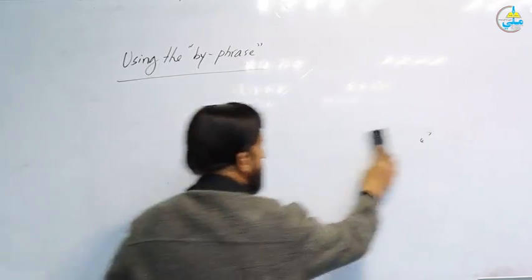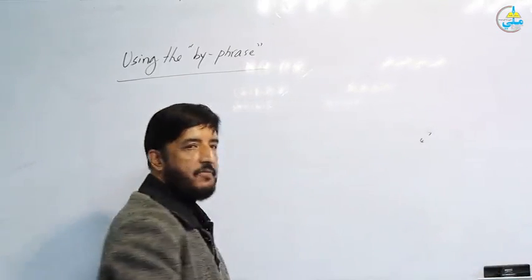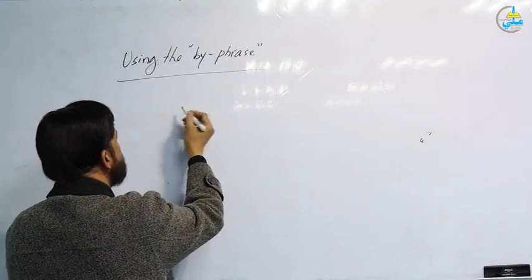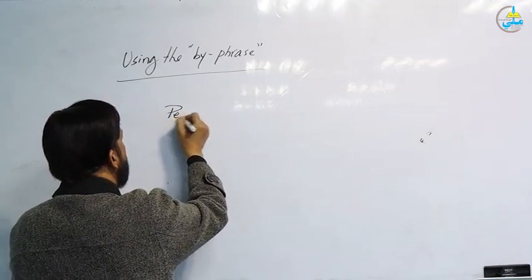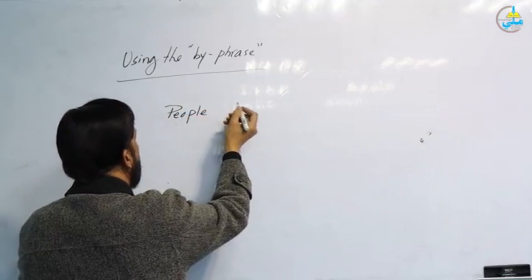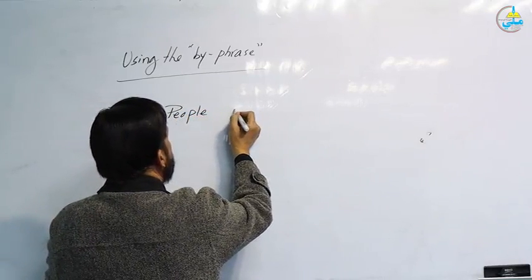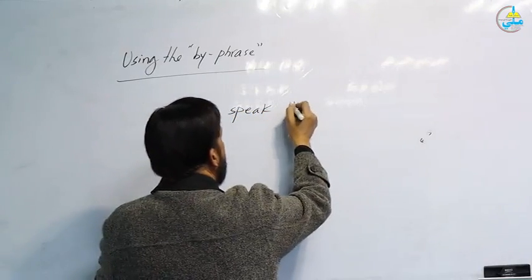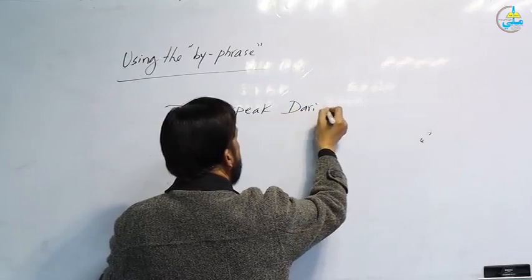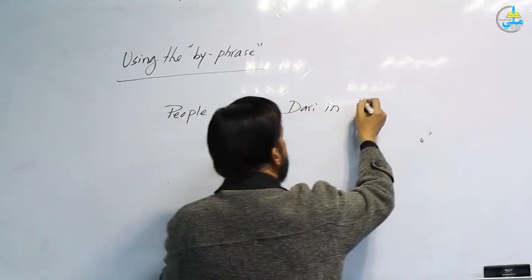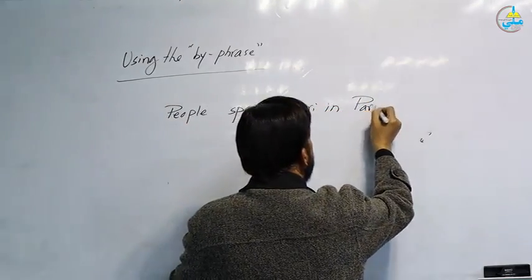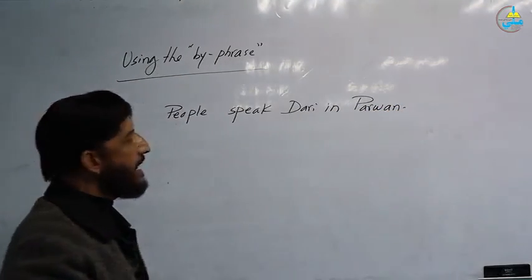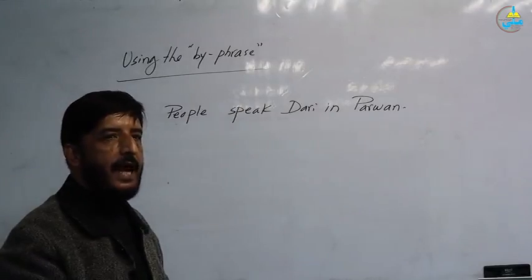For example, in sentences where by phrase is not needed: People speak Dari and Parwan. Look, people speak Dari and Parwan. This is an active sentence.